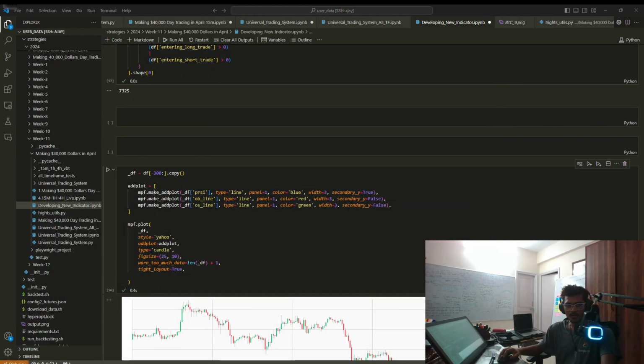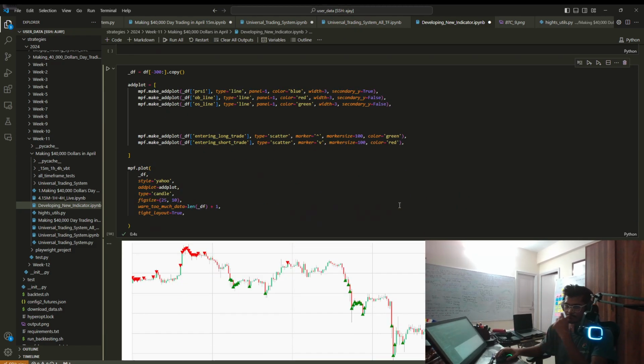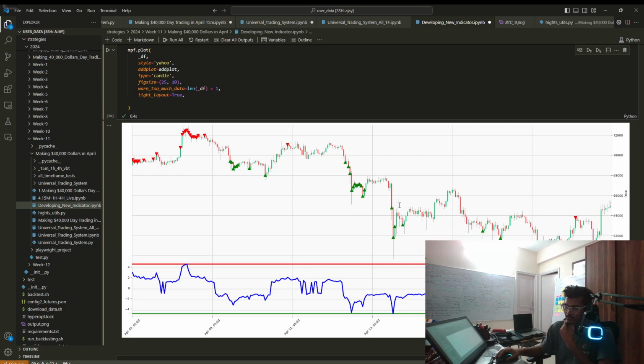I'm gonna open another Visual Studio Code and get the plotting function. All right, here we go. Interesting.